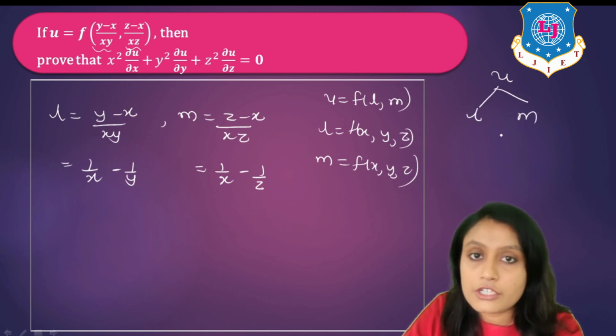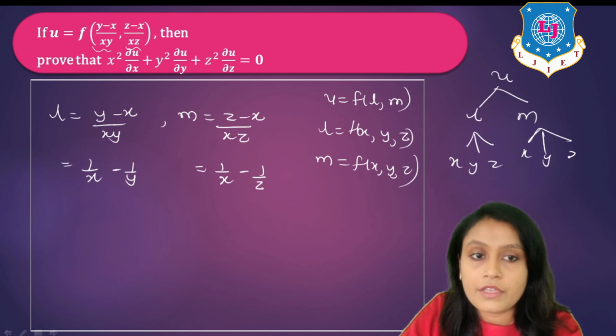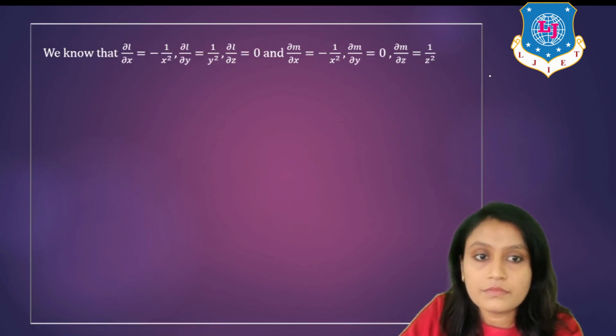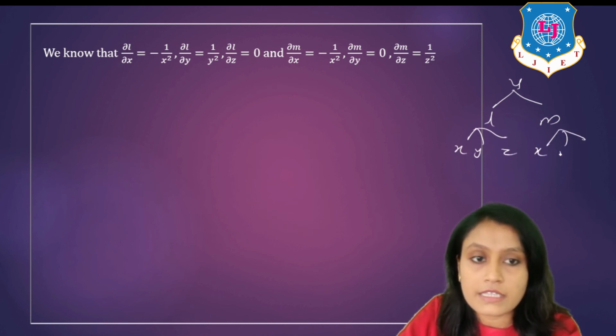So u is a function of L and M, and this L and M are functions of x, y, z. Now we will draw this tree diagram again over here.